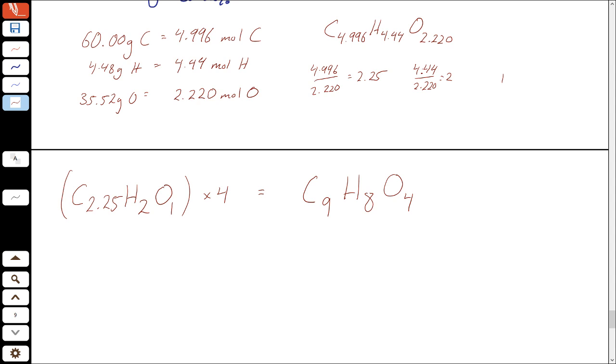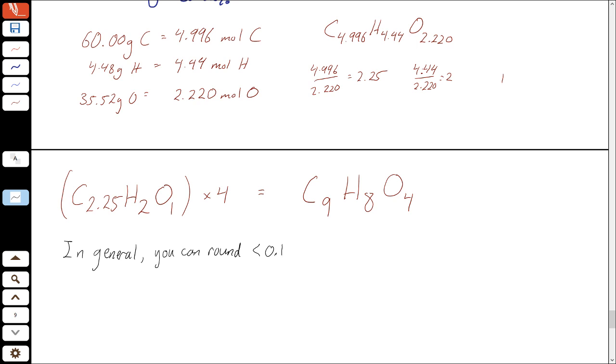In general, you kind of have to go by the data, but in general, you can round if it's less than 0.1 off.